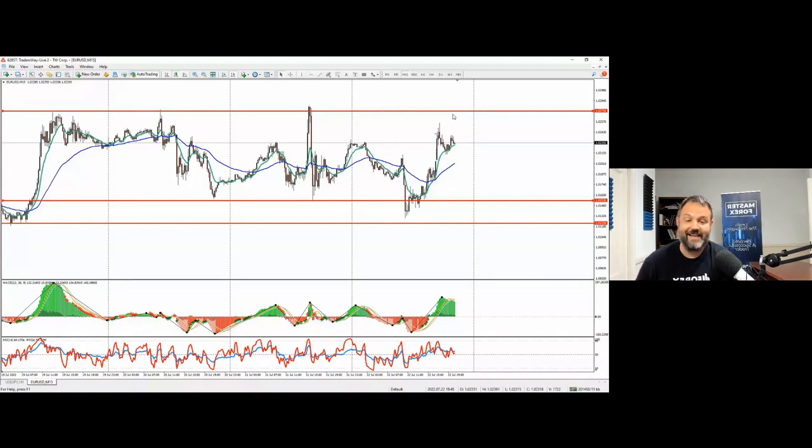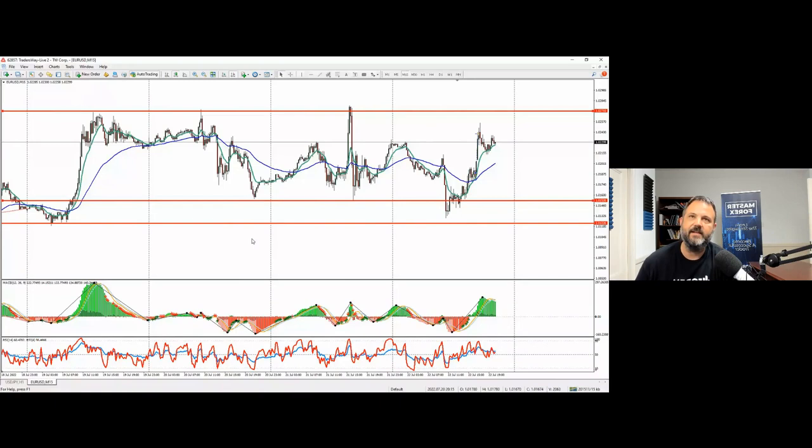But again, indicators may show you something. They may show an overbought or an oversold condition, but they're not going to tell you when the market is going to turn because of levels, right? So an example of this would be if the market here was crossing over, you're seeing a cross.